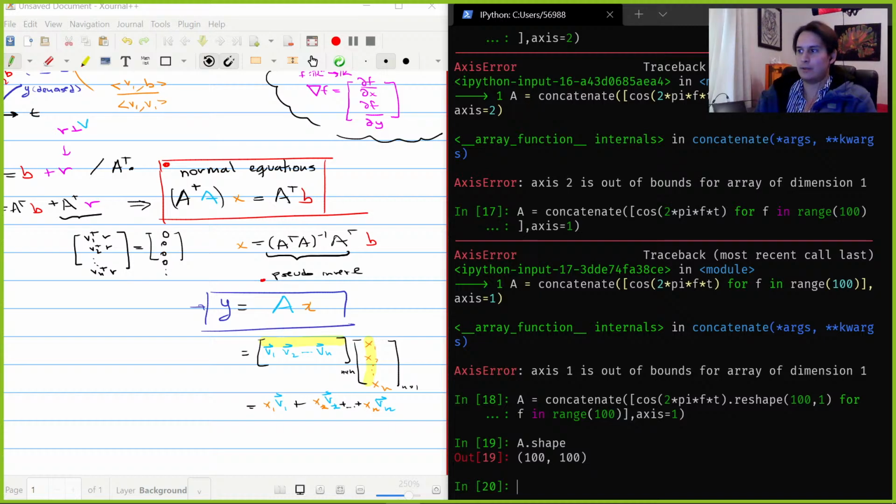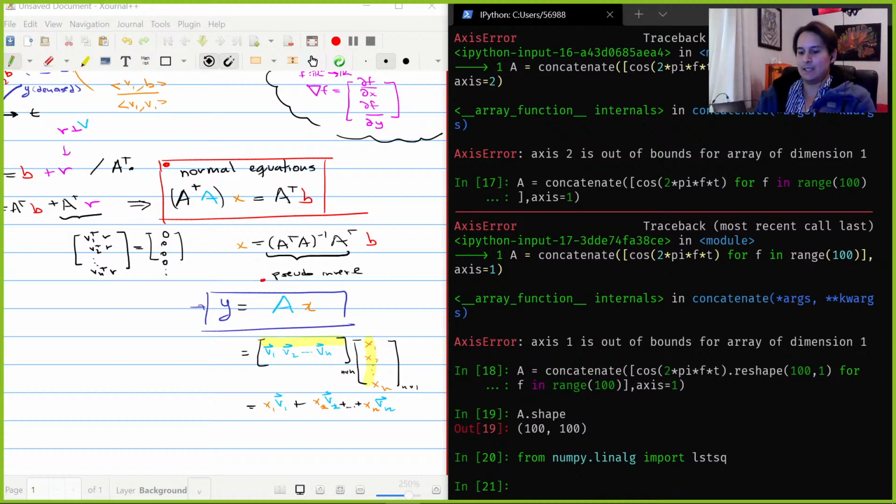With the function least squares. Okay, if we do that, we can get the vector of coefficients from least squares of A comma B.